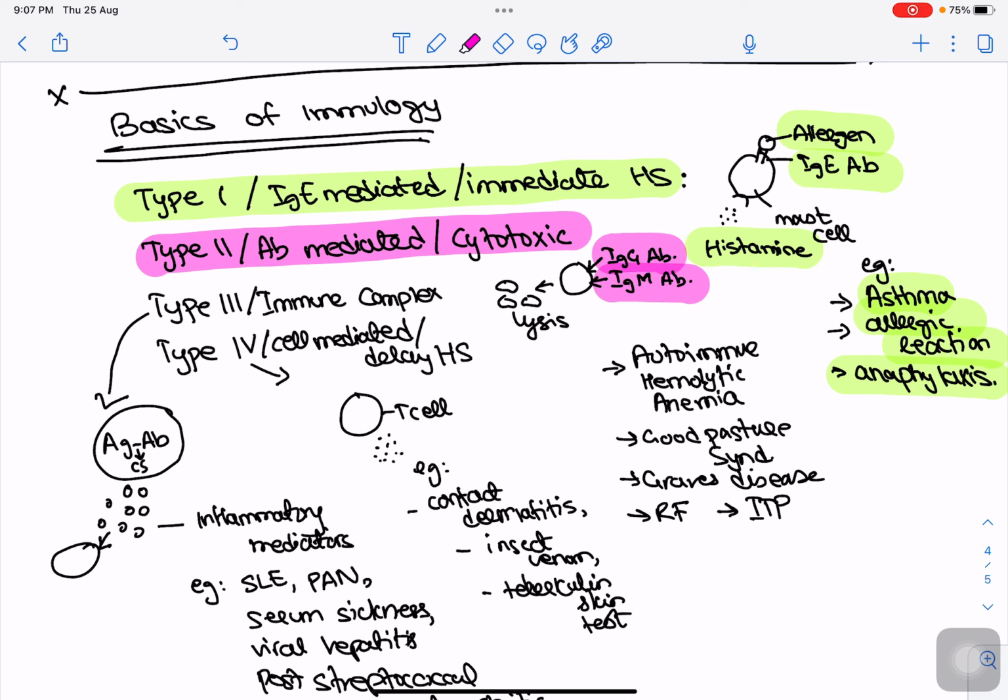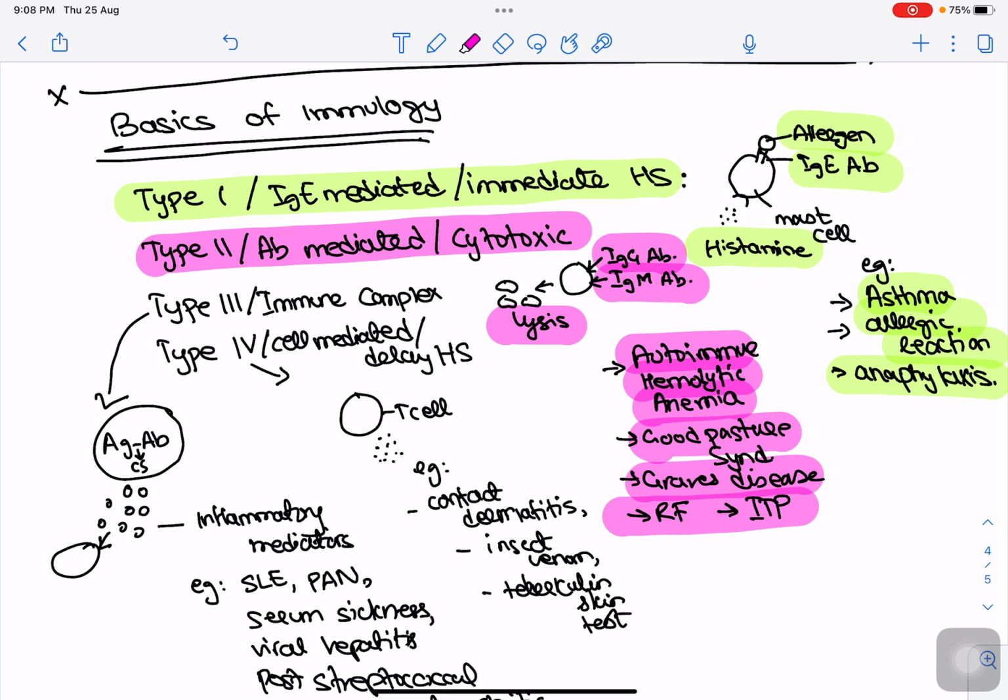Such reactions happen in autoimmune diseases: autoimmune hemolytic anemia, Goodpasture syndrome, Graves disease, rheumatic fever, and ITP. There's an antibody attachment, and it leads to the lysis of the cell.